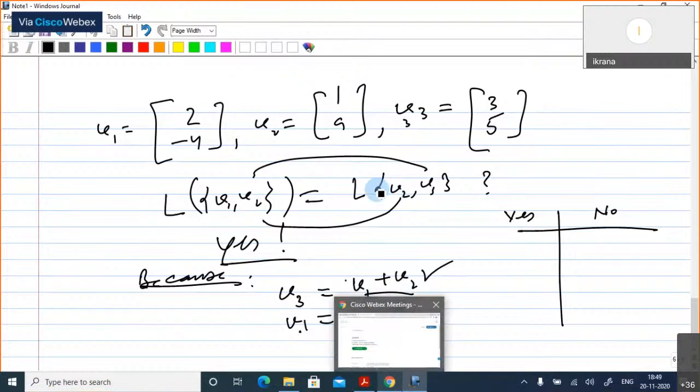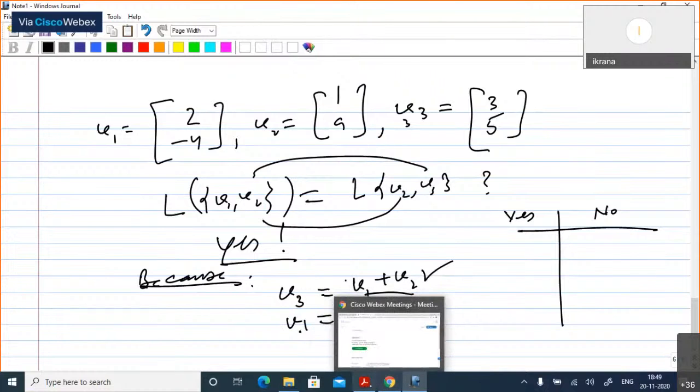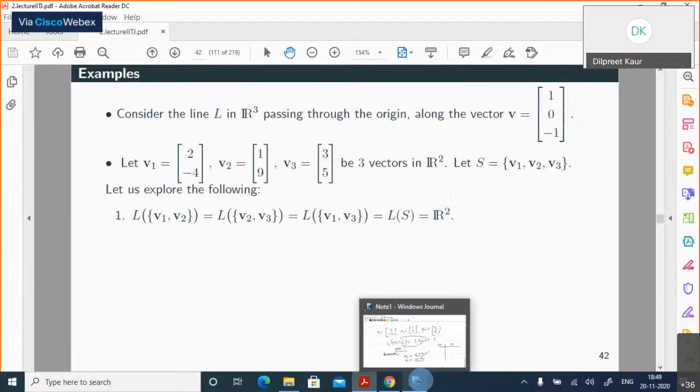This is a very simple thing we have given you, because here you can just observe and write down the combinations. In general, if you want to check, let us try the last one, namely the following. I want to check that the linear span of V1 and V2 is the same as the whole of R2.